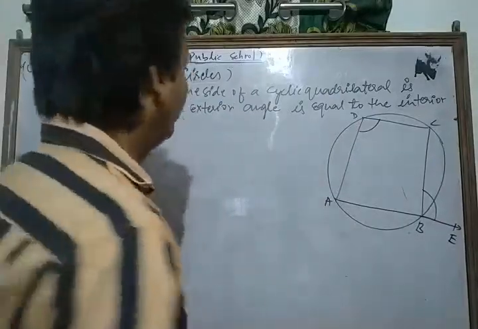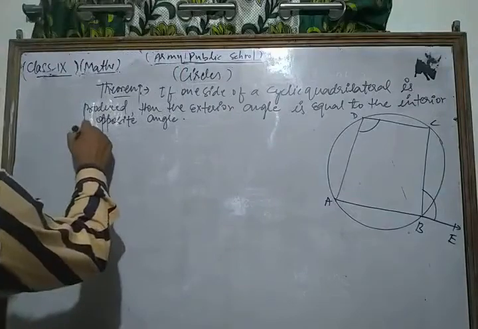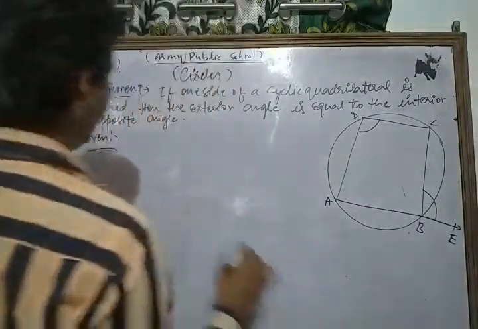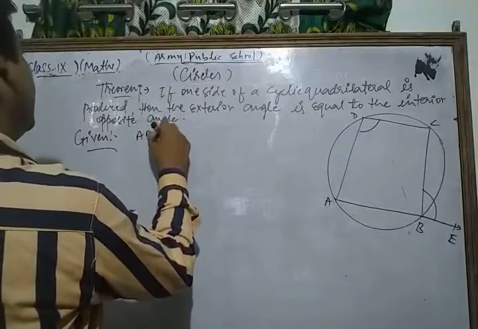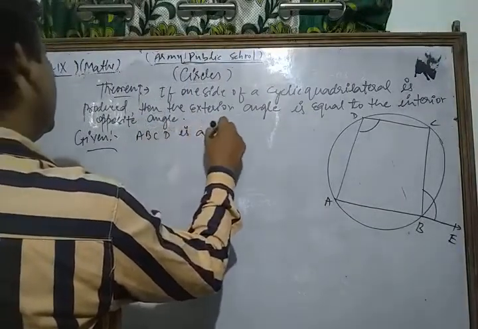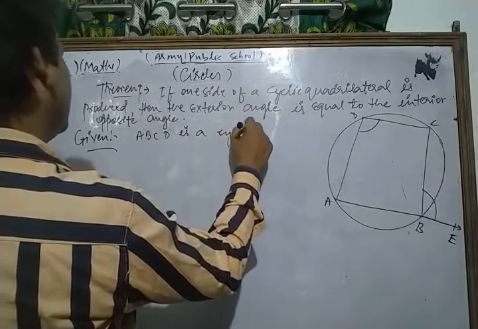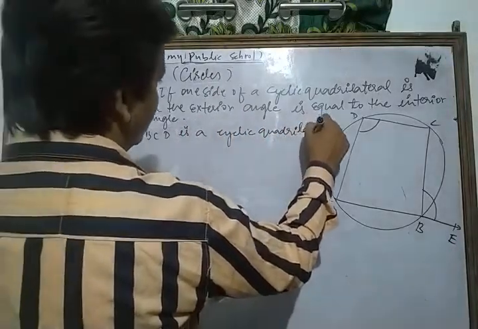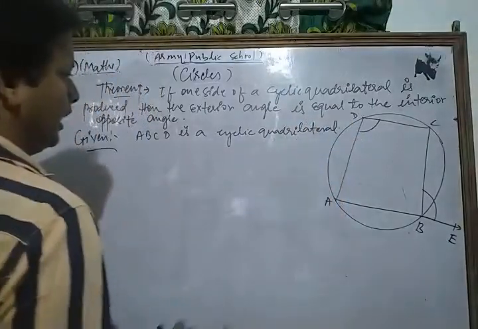So first of all, we write given. Given: ABCD is a cyclic quadrilateral.